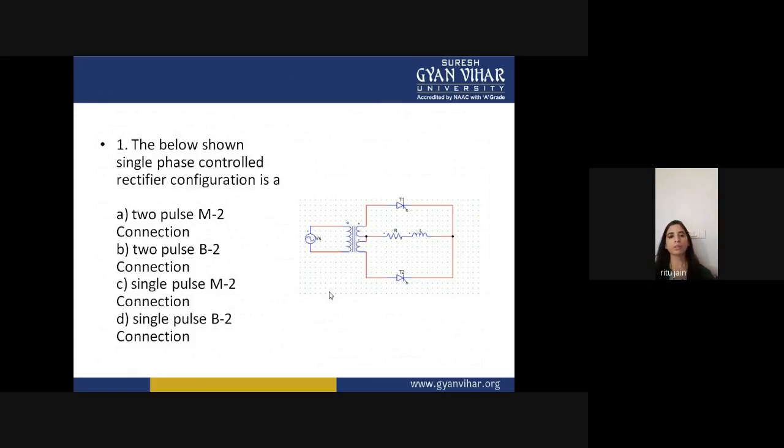So in a full wave converter, the positive waveform and the negative waveform both are converted into DC current. Okay. So basically a converter or rectifier is an AC to DC converter. In the uncontrolled converter, if it is a half wave converter, then you are using 1 diode or SCR, and if you want to convert your negative cycle also, then you will use 2 or 4 SCRs instead.